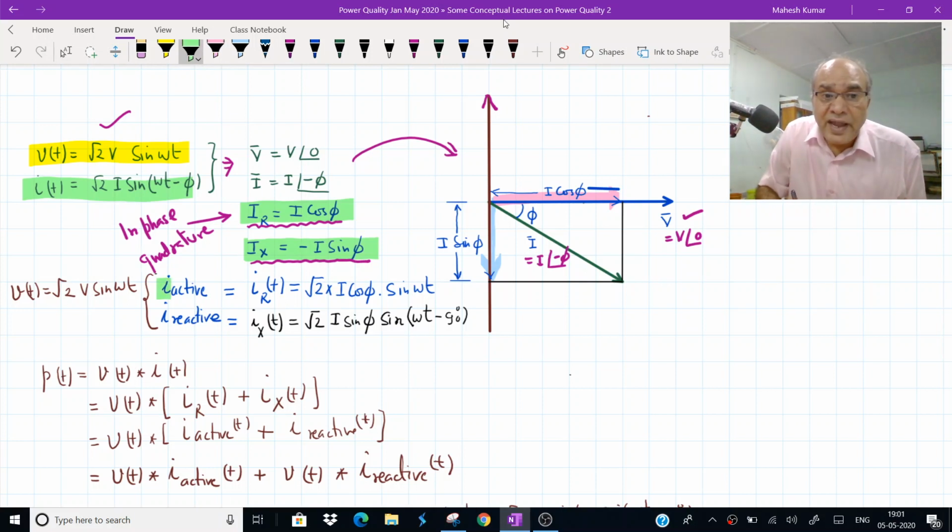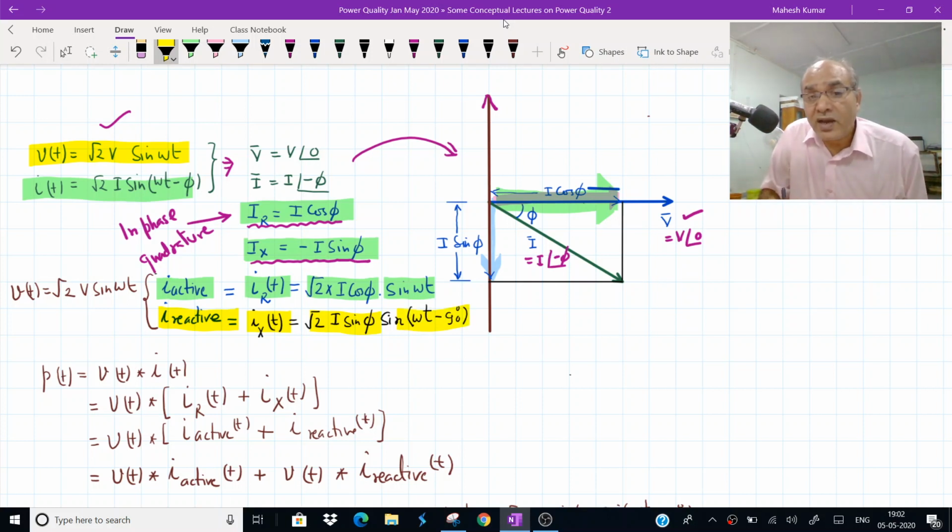So therefore we define the two terms. Number one, I active equal to IR, R for real component, is root 2 I cos phi sin omega t, because this is in phase, so sin omega t. And this is the RMS value of the real current, I cos phi. I cos phi is here, so this is I cos phi. Therefore root 2 into I cos phi into sin omega t. And I reactive is nothing but IX, root 2 I sin phi sin(omega t minus 90 degrees).